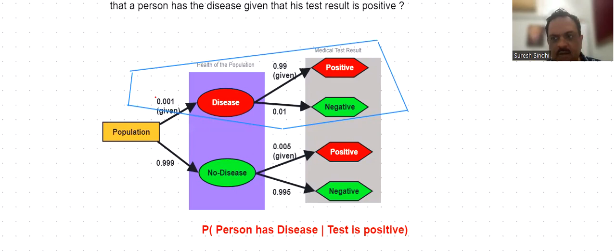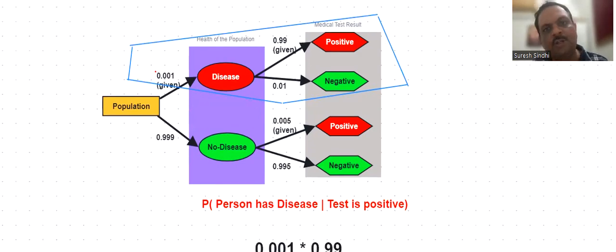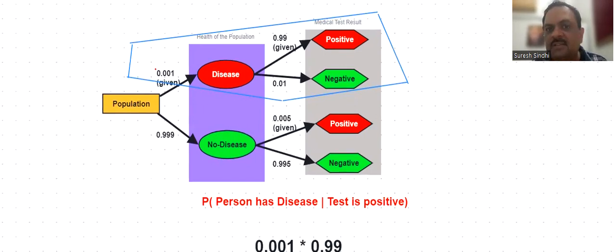So obviously the numerator would be the probability of having the disease and the person testing positive, that is 0.001 into 0.99. So that will be my numerator. What would be my denominator? The person is having the disease and positive, or the person is not having the disease and his result is still positive. So what is this probability?